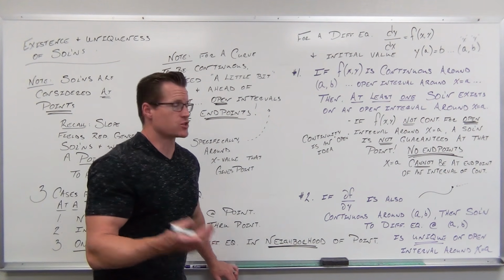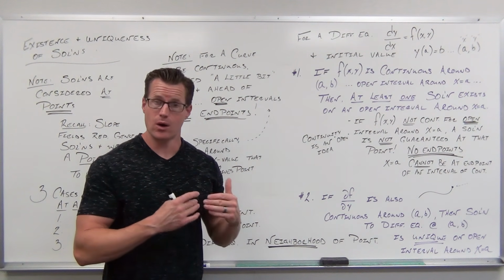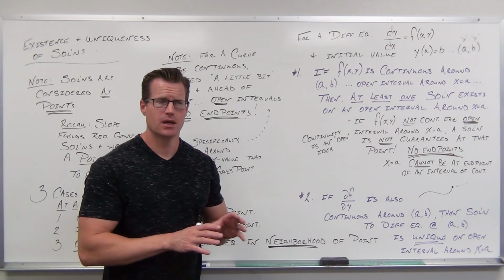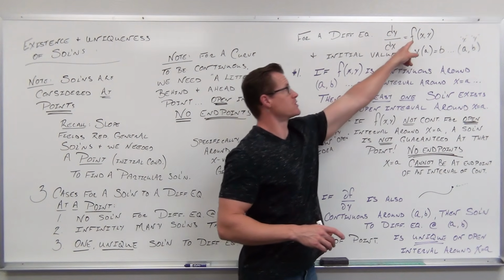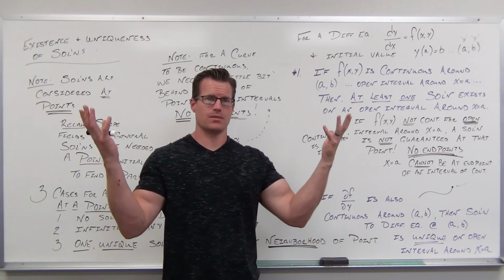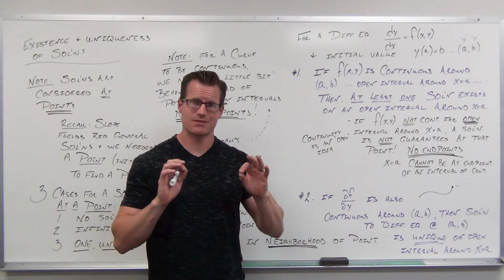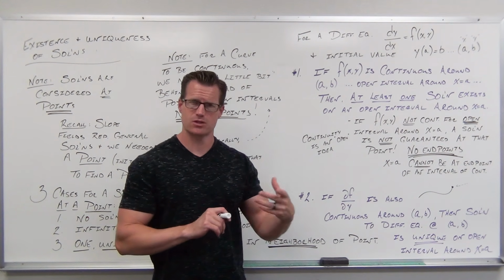If our function is continuous around the point that we are checking, so around our initial condition, you can't just say this function is continuous for everything. It might be continuous for all points, but specifically we're zoning in on solutions around a particular point, an initial condition.